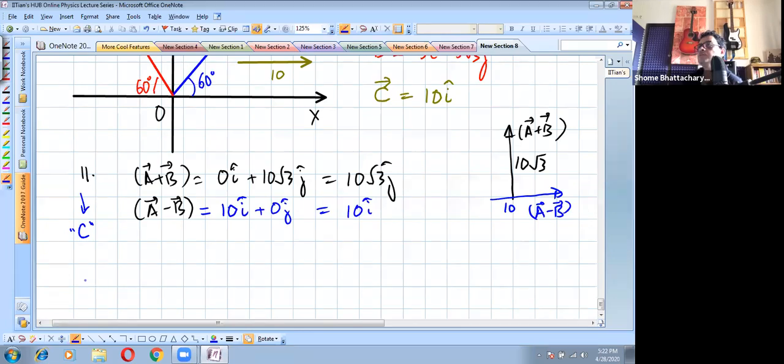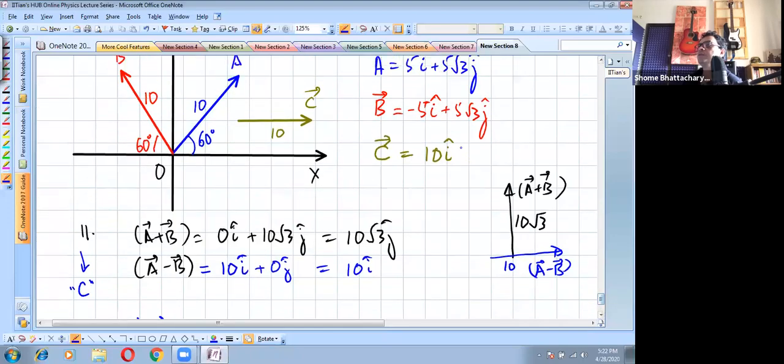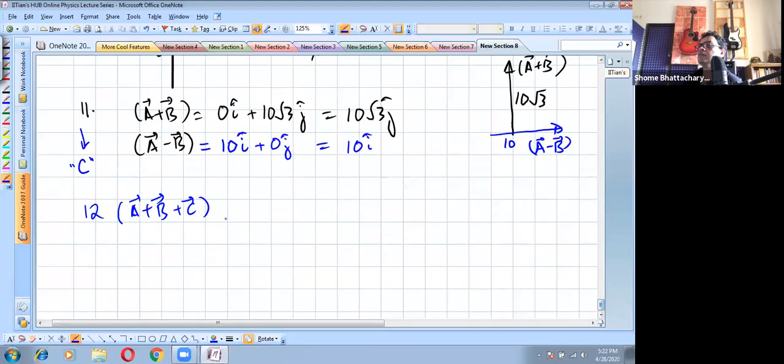Okay. Now let's come to 12th. So A plus B plus C. So just add the three vectors. So you can see the x component is 5 minus 5 plus 10. So that's 10. And the y component is 10 root 3.